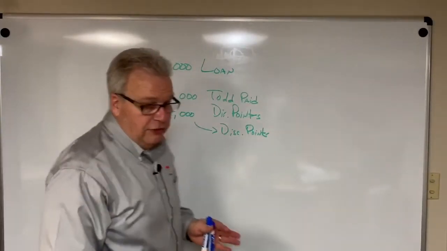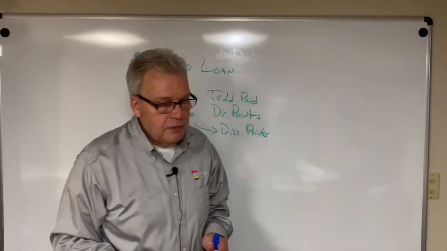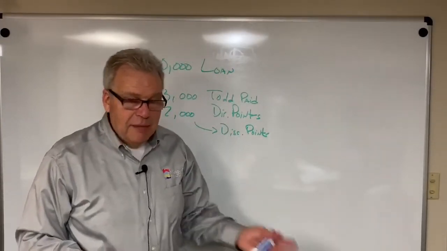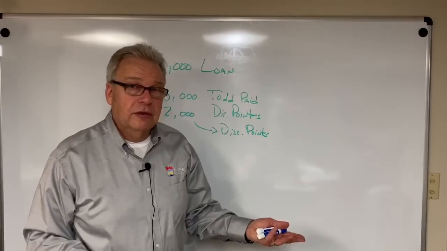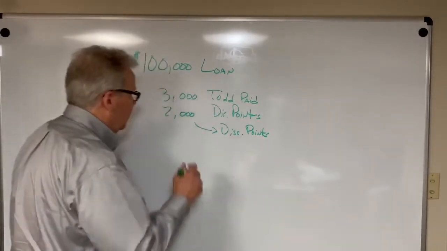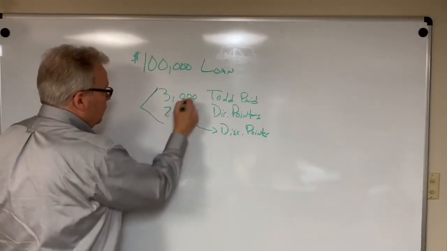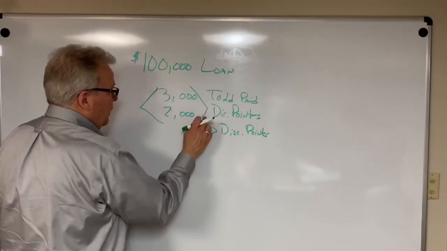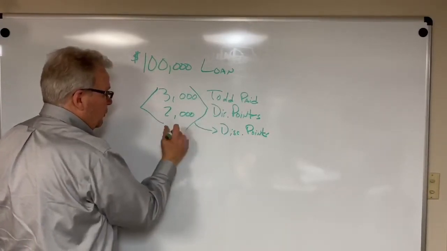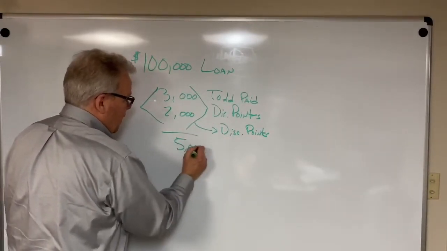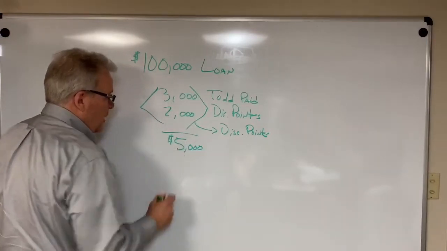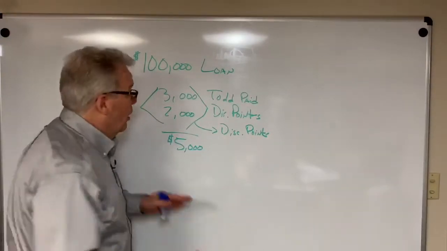So the question says, how many points were charged? Interesting. Well, if Todd paid 3 and the seller paid 2, that's $5,000 in discount points. How many points were charged?